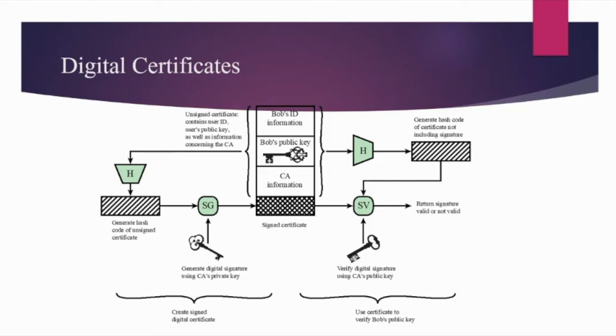Now, what do I mean by this? Suppose there are a few communicating parties, A, B, C, D, E, and so on, right? Now, suppose E is sending a message to B, C, and D that this is the public key of A. Okay. Now, this message is publicly announced by E. Okay.